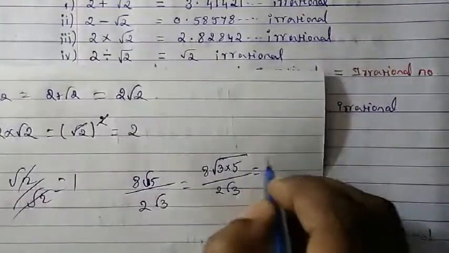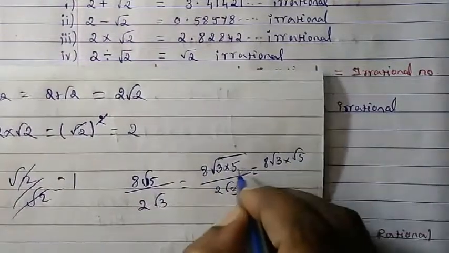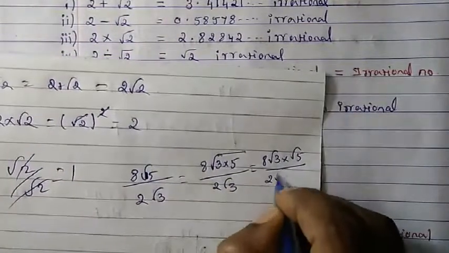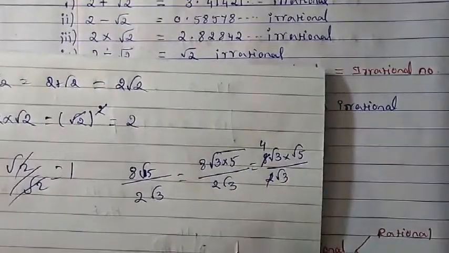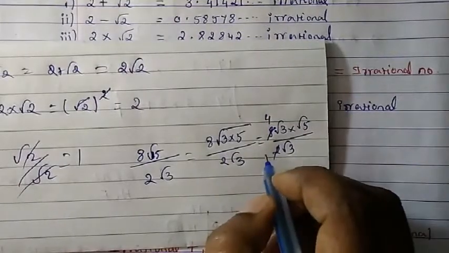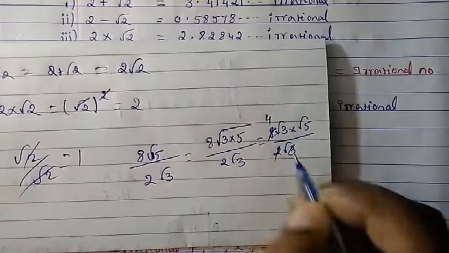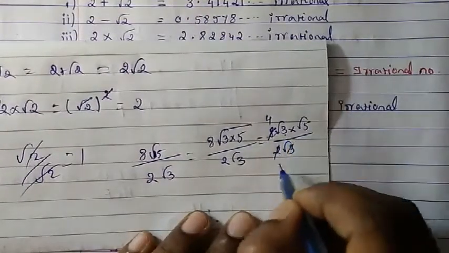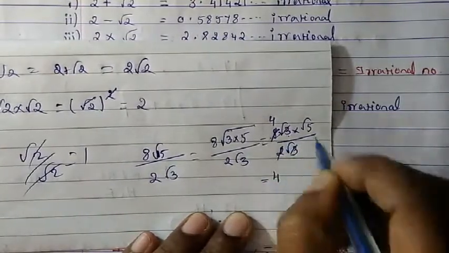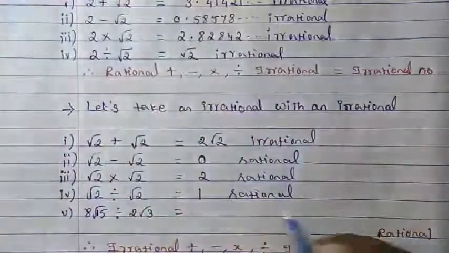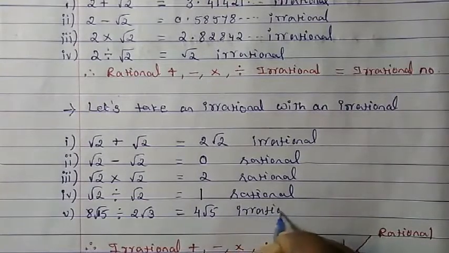So we get 8 root 3 into root 5, divided by 2 root 3. 8 divided by 2 is 4, and root 3 cancels with root 3. So when we are dividing, we will get 4 root 5, which is an irrational.